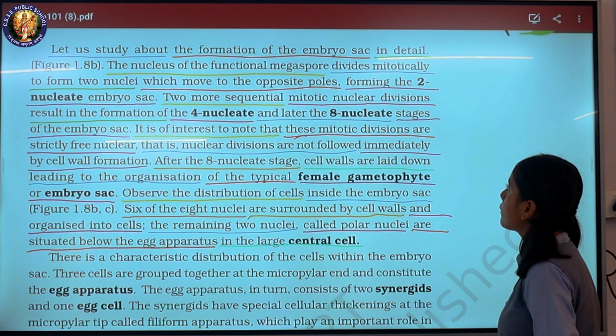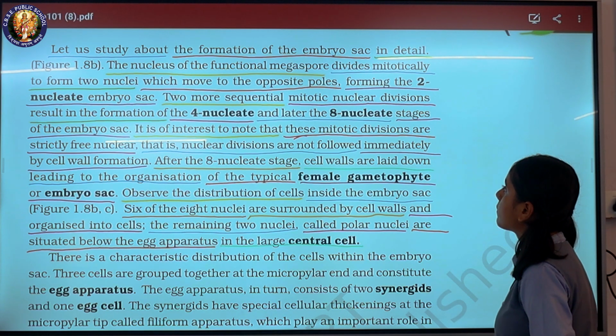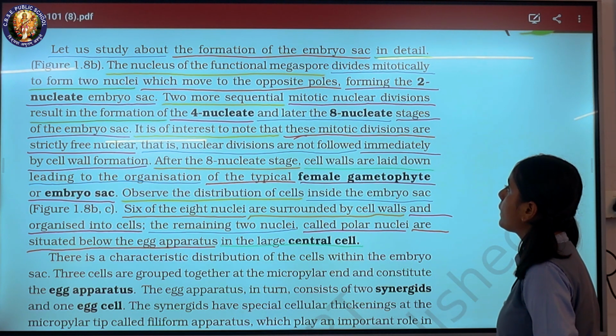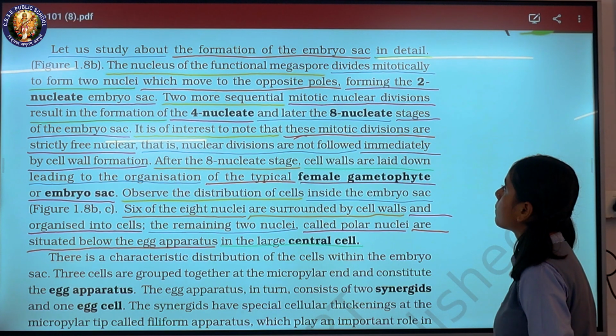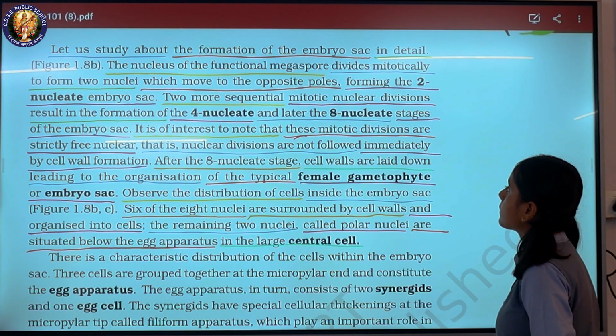The nucleus of the functional megaspore divides mitotically to form 2 nuclei which move to the opposite poles, forming the 2 nucleate embryo sac. 2 more sequential mitotic nuclear divisions result in the formation of the 4 nucleate, and later the 8 nucleate stages of the embryo sac.